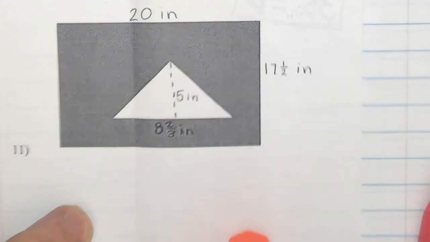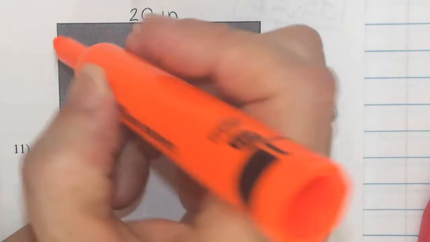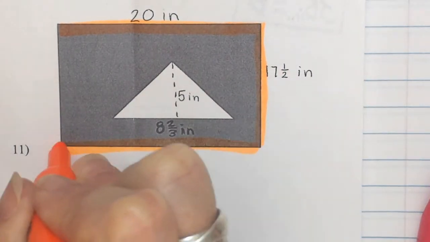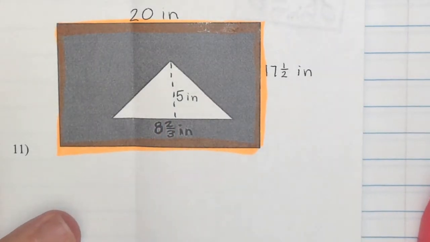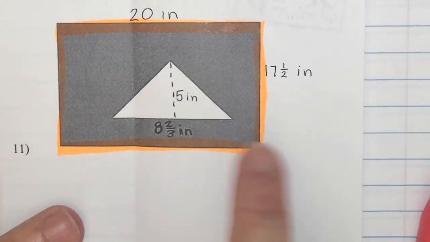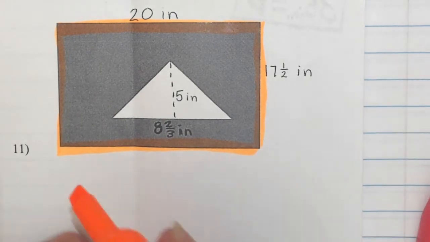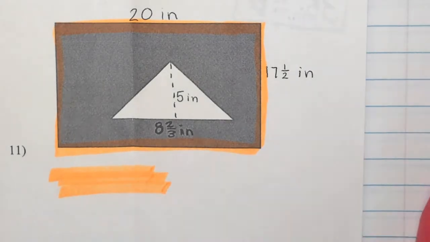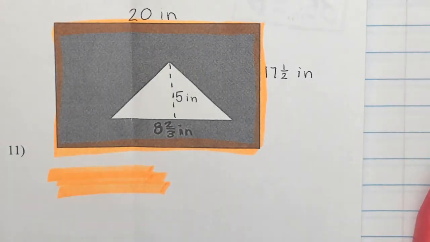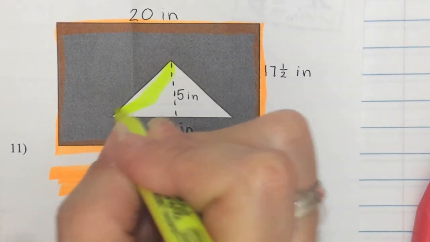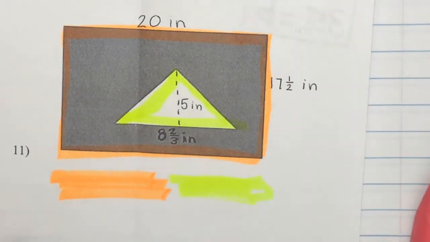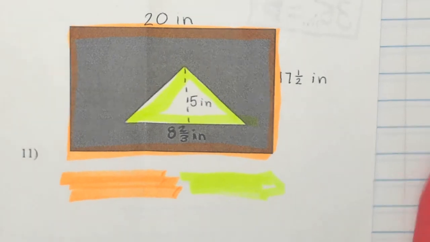So we have first got to find the area of what I'm going to call the big rectangle, and that would be everything. And then we got to find the area of the triangle, which is this part. And then we'll have to do a little more math because we got to get rid of the triangle.